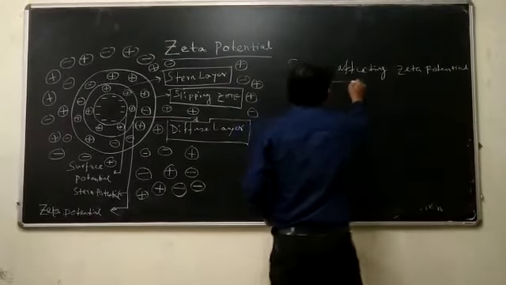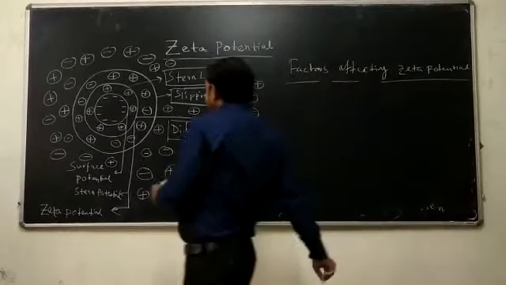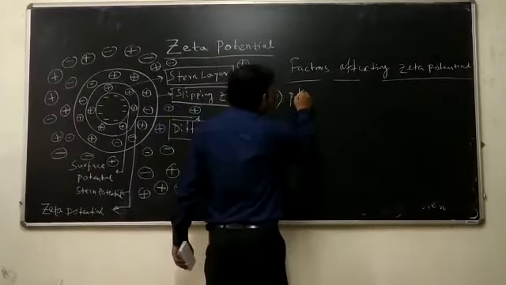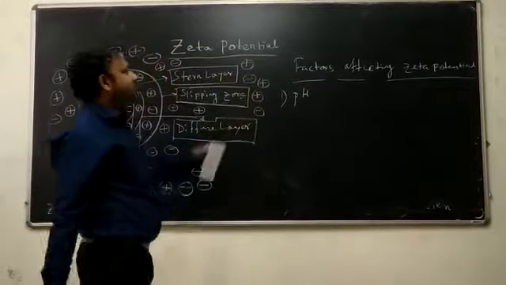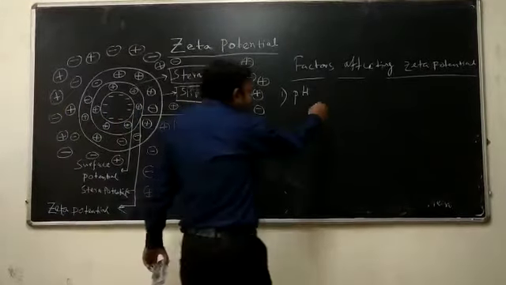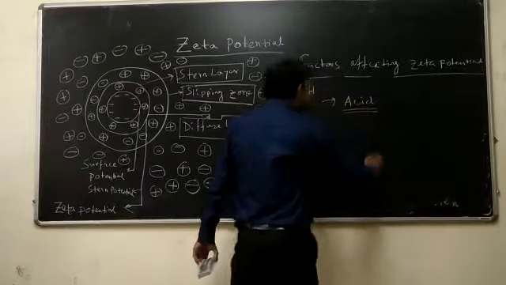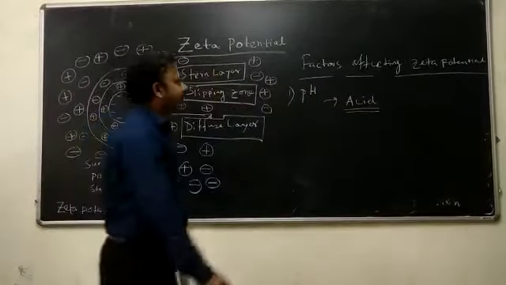First factor, pH. This is an important factor for zeta potential. If we add an acid in a colloidal dispersion, what happens?